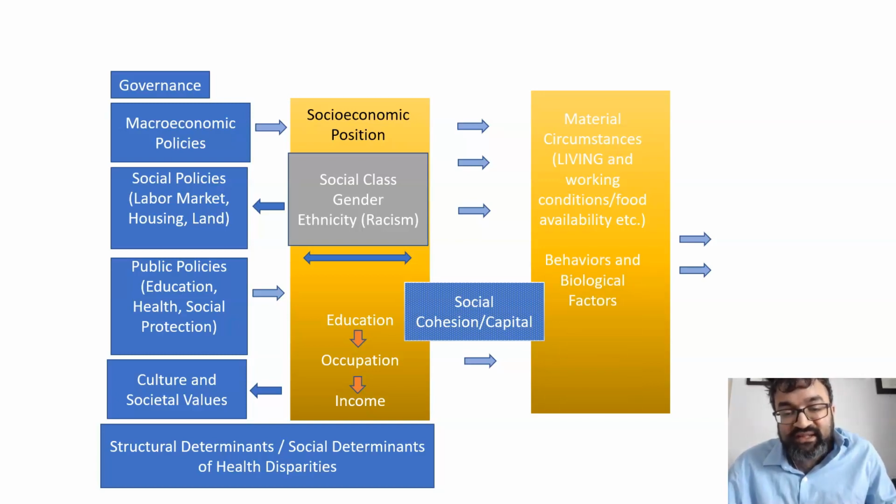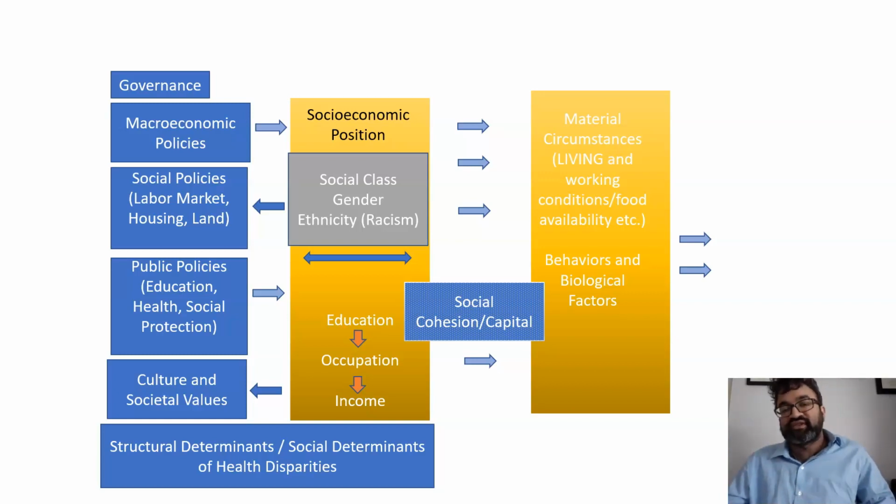The next part of this is behaviors and biological factors. These are especially important to keep in mind, of course, in terms of genetics, but also in terms of behaviors and lifestyles. I want to bring your attention to social cohesion and capital, because this is important in a sense of community, and I've written a lot about the effects of loneliness.